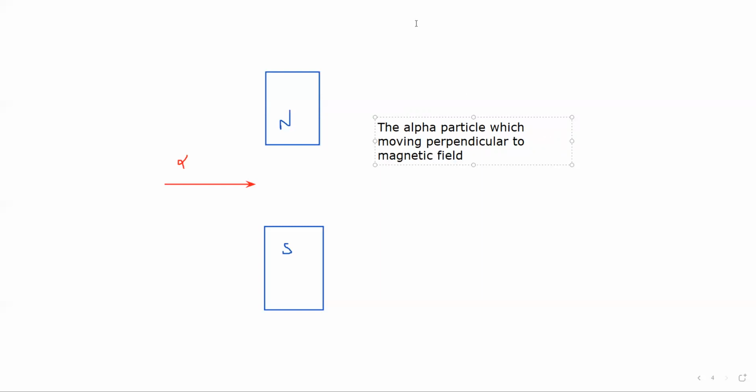You can see the magnetic field is pointing from north to south, and the alpha particle is moving at an angle of 90 degrees. So when the alpha particle moves perpendicular to the magnetic field, it experiences a force into the paper and moves in a curved path.